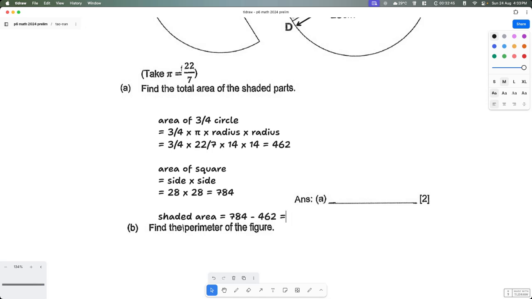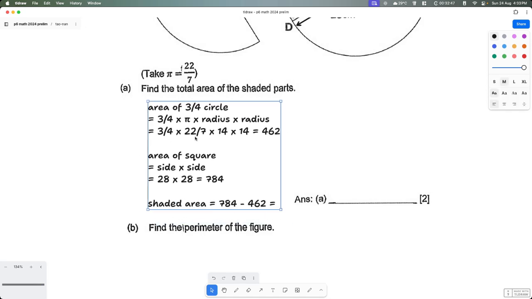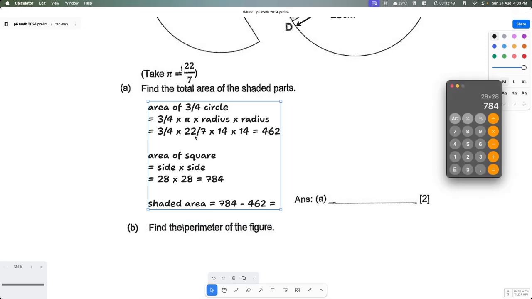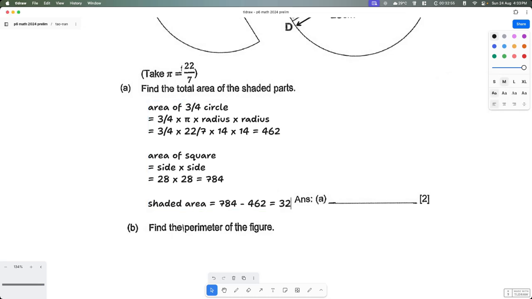Let's just use a calculator. So 784 minus 462, this is 322. 322 centimeter square. There you go. So 322 centimeter square.